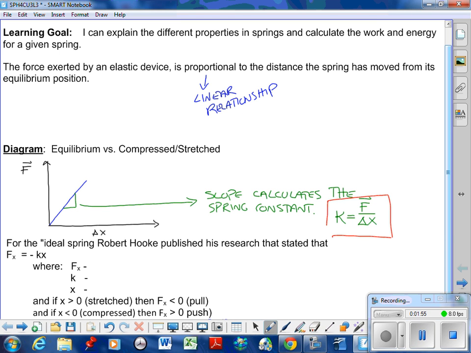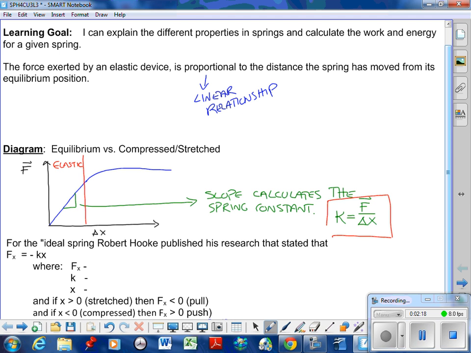Now, for those that have been a little bit more adventurous with springs before, you'll know that once a spring reaches a certain point, it fails. That's because you've unsprung a slinky; you stretched it beyond the part where it can come back. So we call the region that's linear the elastic region.